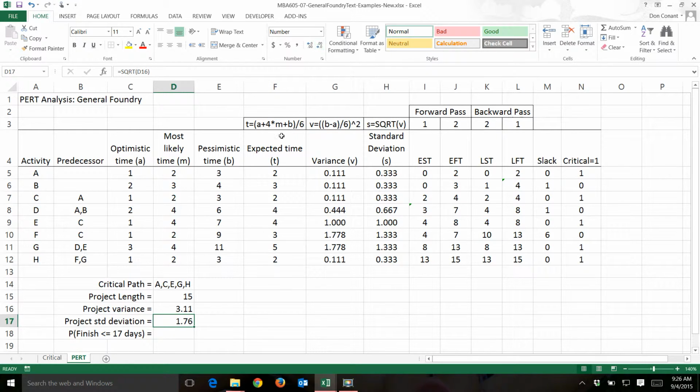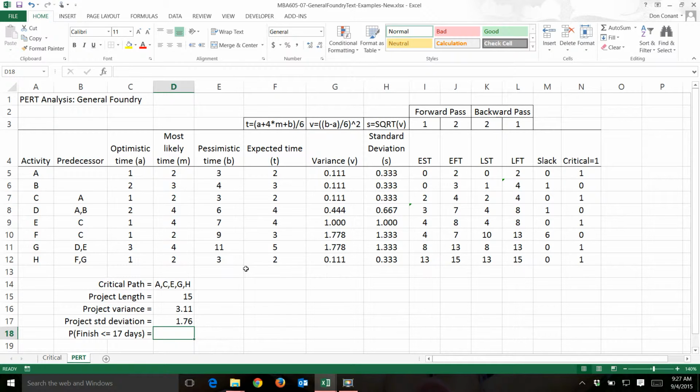Okay, now in the text, we're asked to determine the probability of finishing the project in less than or equal to 17 days.